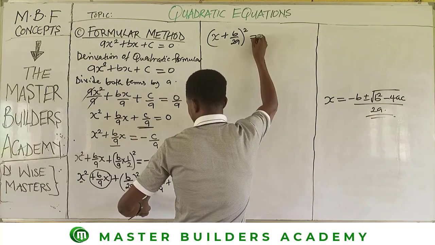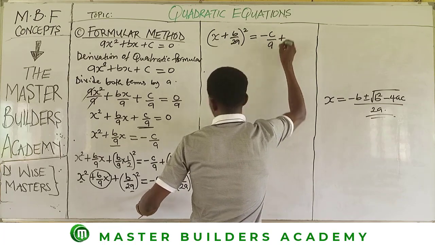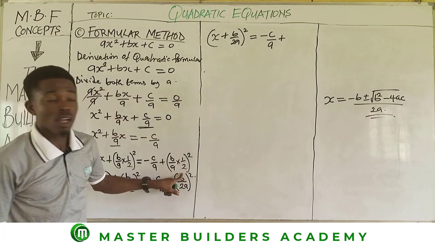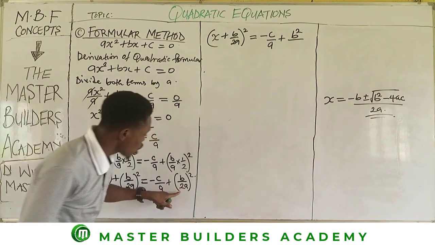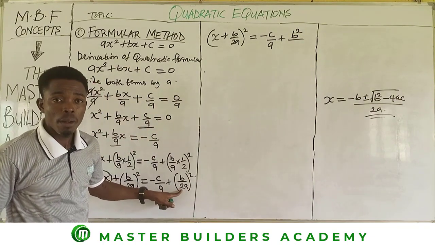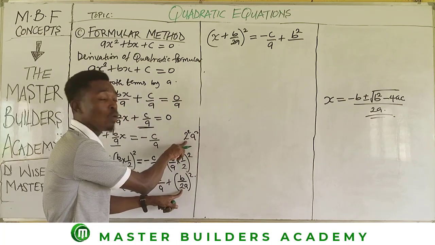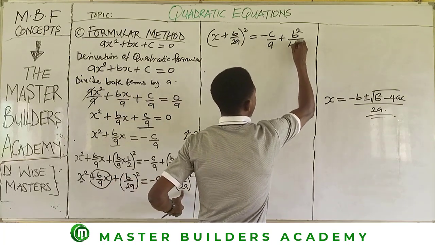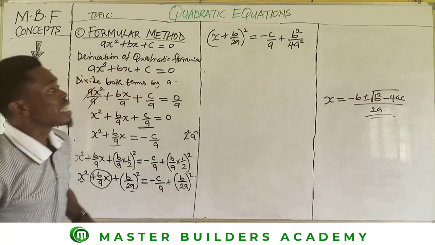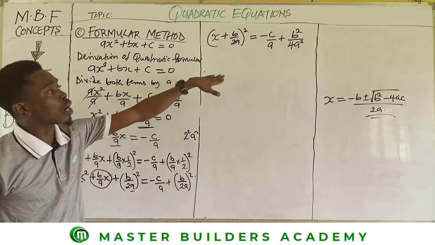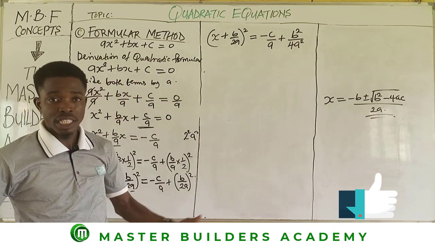Then when we come to the right hand side, we have minus c over a plus, now when we square b, we are going to have b squared. At the denominator, when we square 2a, this is the same thing as 2 squared a squared. So when we square 2, this gives us 4, which is 2 times 2, and when we square a, we have a squared. Then we simplify the left hand side of the equation.